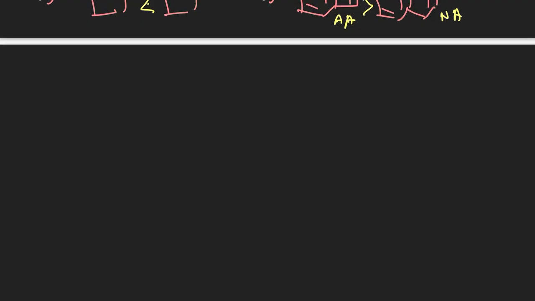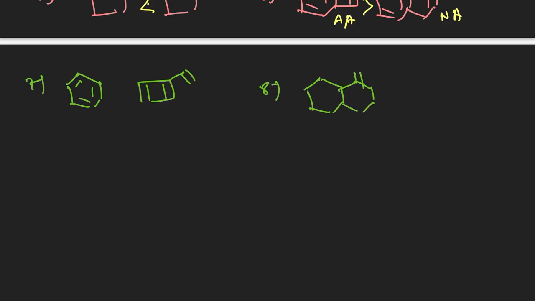Let's look at some more problems. Seventh, we have a benzene, and we have this compound. Eighth, so just try to write with me and solve by your own. 9. H2 and nickel reaction. 10th.